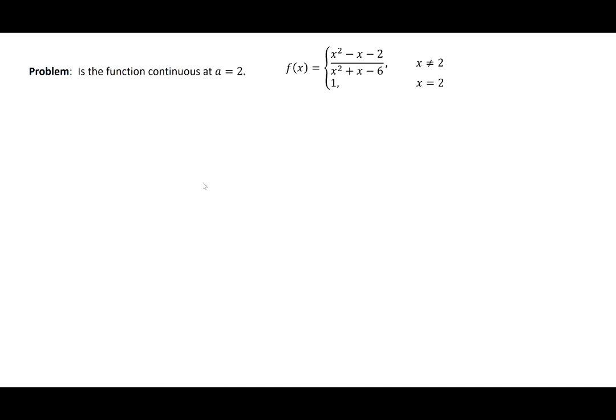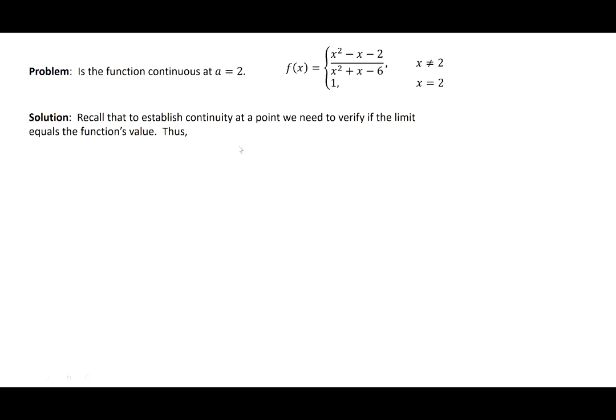Clearly, the piecewise definition says f of x is equal to 1 when x equals 2. So clearly, f of 2 is 1. Right? What is the limit of f of x as x approaches 2? Do not say 1 because it doesn't have to be 1. It may be, but it doesn't have to be.